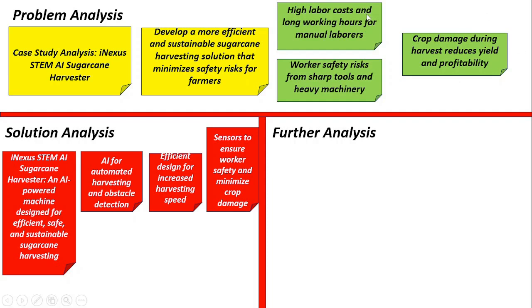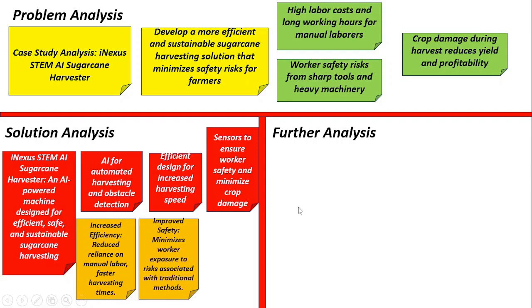So here I wrote three problems, and for the three problems I wrote the solutions in the second stage, solution analysis. With AI for automated harvesting and obstacle detection, we can reduce the reliance on manual labor, increase the harvesting speed, and improve safety.